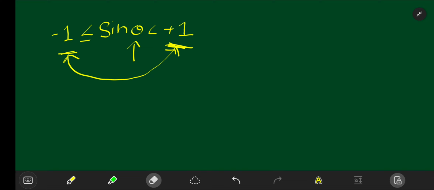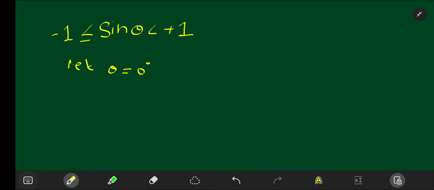Let me prove it. Let us substitute theta equals 0 degrees. Let's start from 0 degrees.